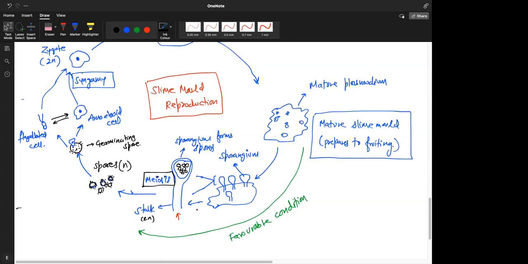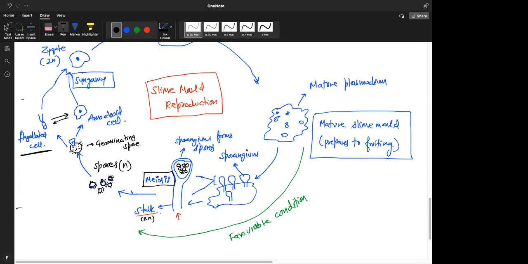These stalks release the spores, which germinate into new mold cells.